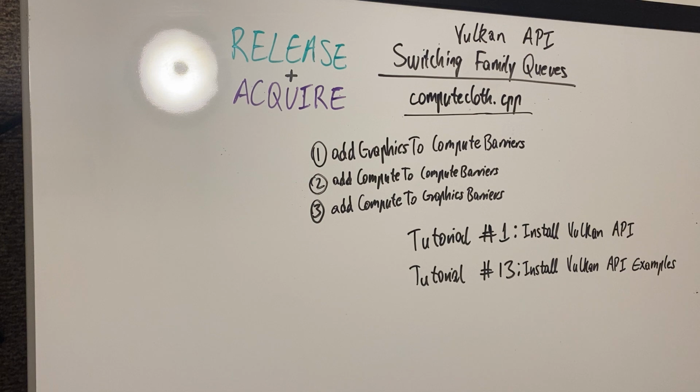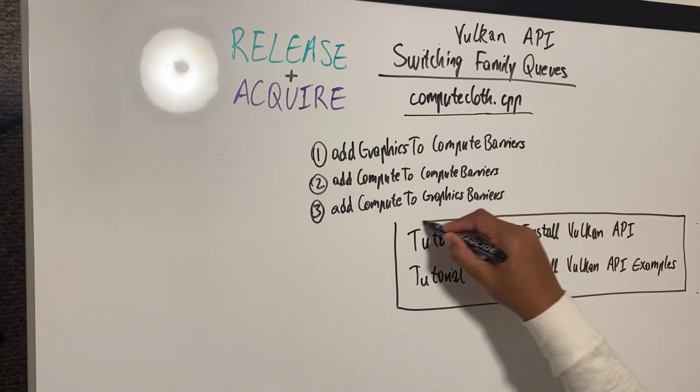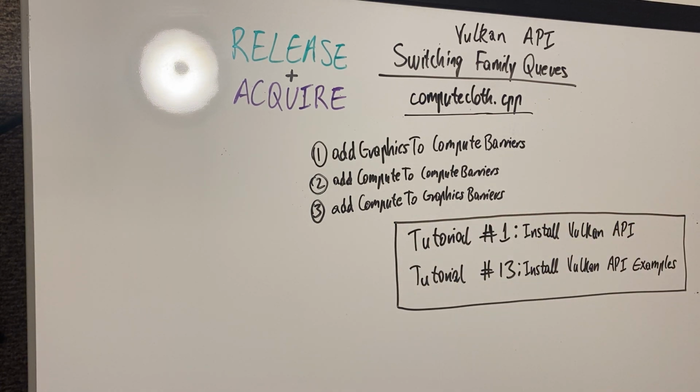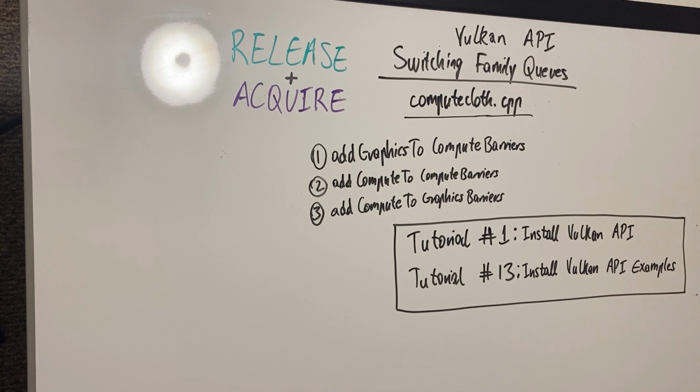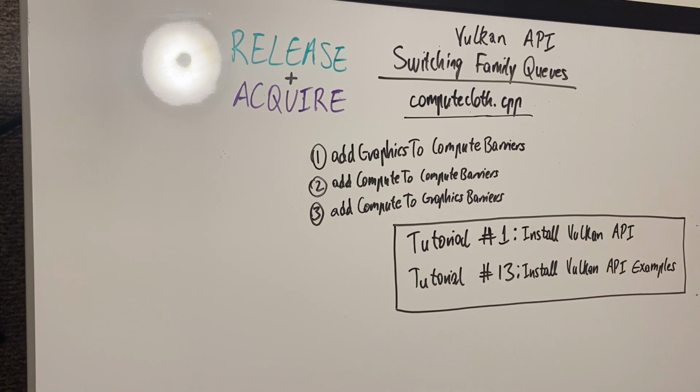So, if you want to be able to run examples of projects on your machine, you need to get these two tutorials. Tutorial number one is installing the Vulkan API itself on your Windows-based machine with a Vulkan-capable GPU.